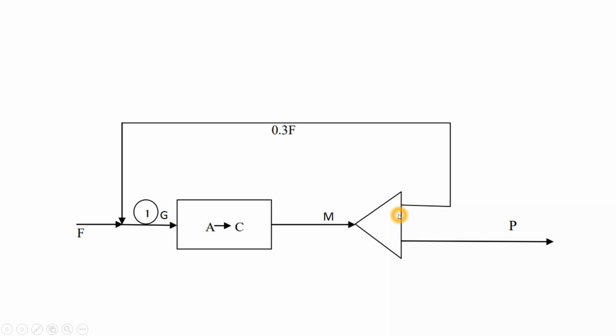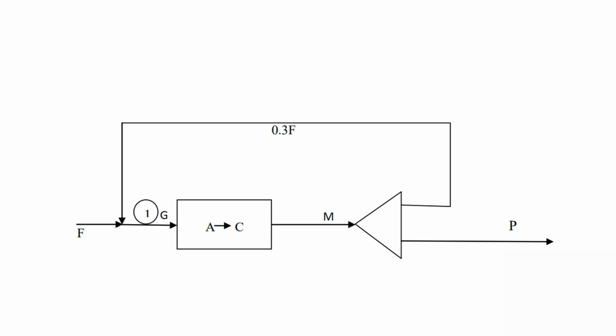So composition will remain the same in the 3 streams. We know the composition of P: 50% C, 4% I, that is inert, and 46% A.